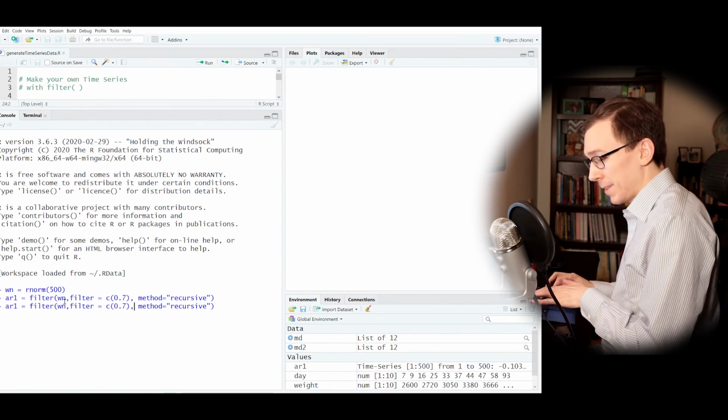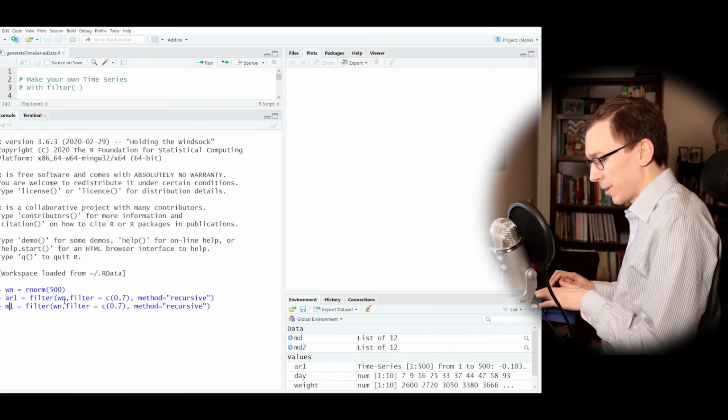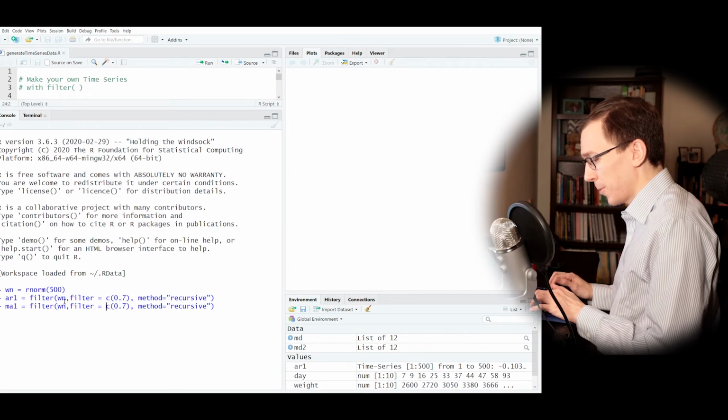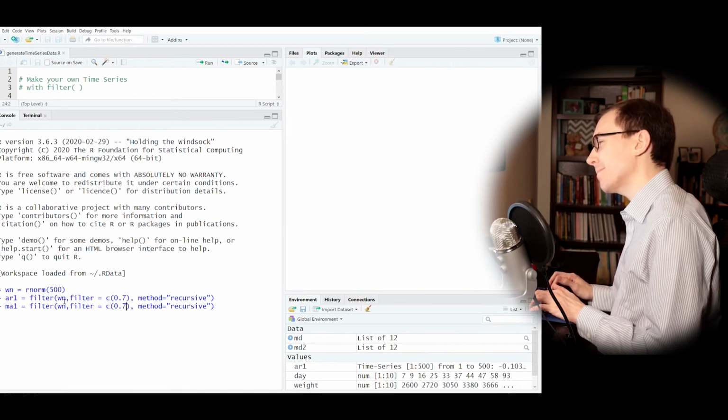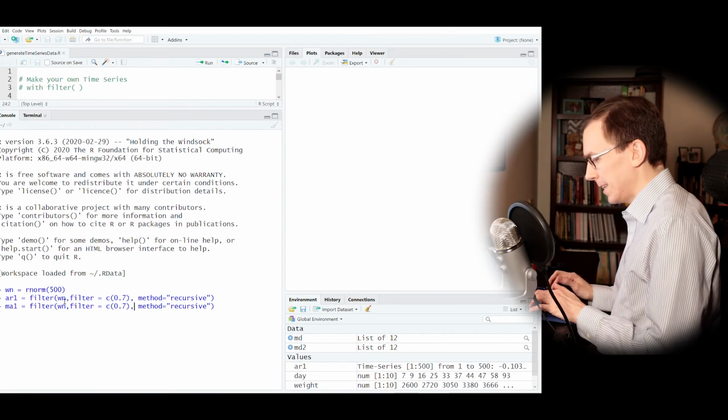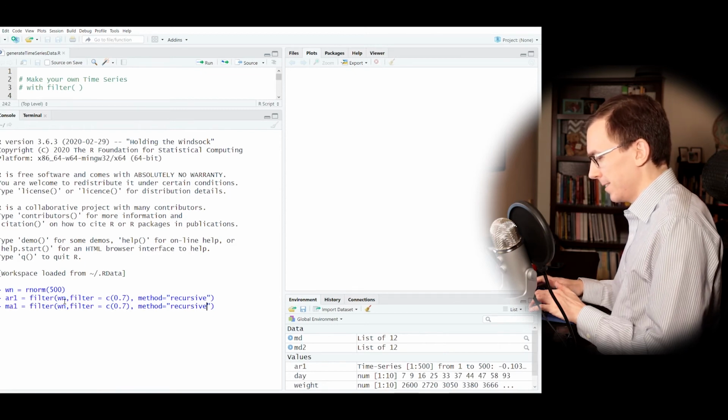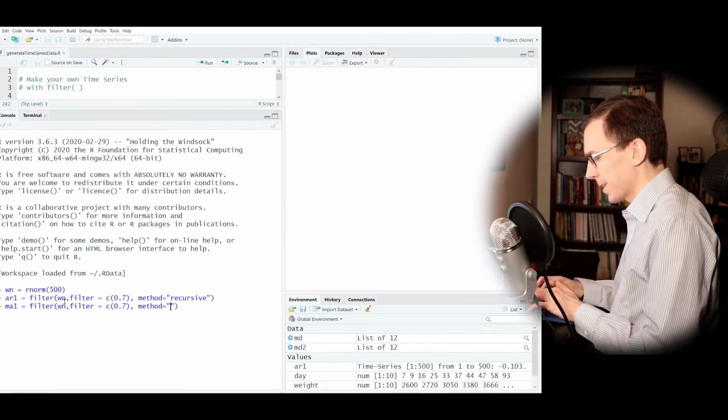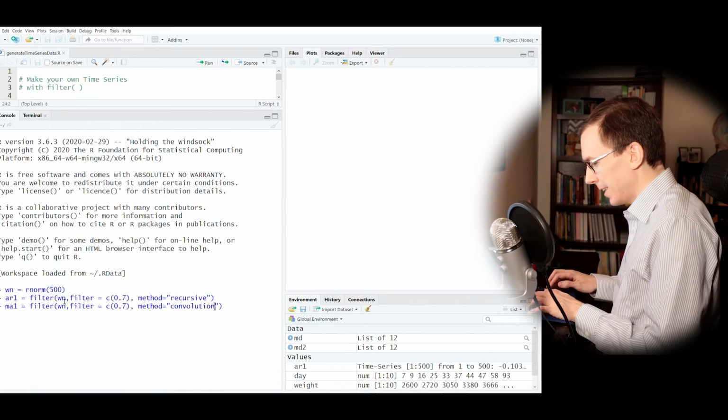Then we're going to do the same thing for an MA1 process. I'm going to keep the same coefficient of 0.7. I think I need to tell it, let's see if this works, recursive and convolution, I think it was.